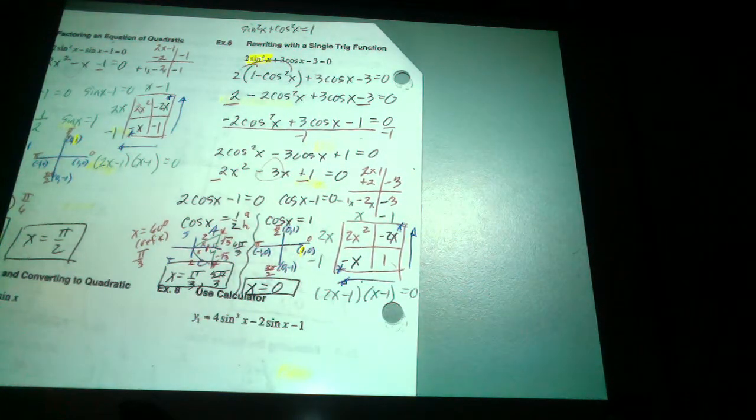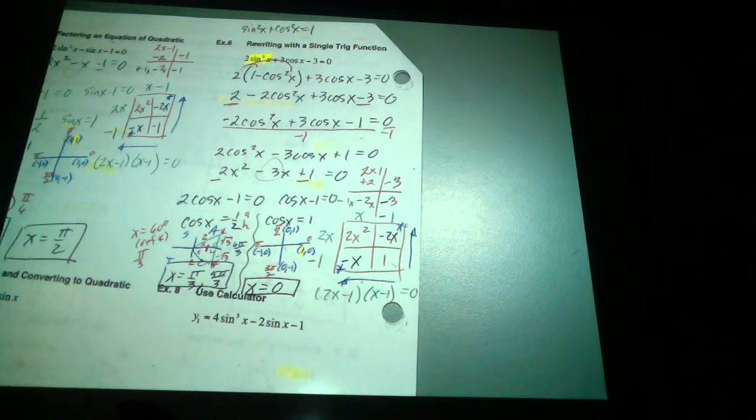So for the second binomial, cosine x minus 1, you should get x is equal to 0. Why? Because when you solve, you get cosine of x is 1. Cosine is the x value of the ordered pair.